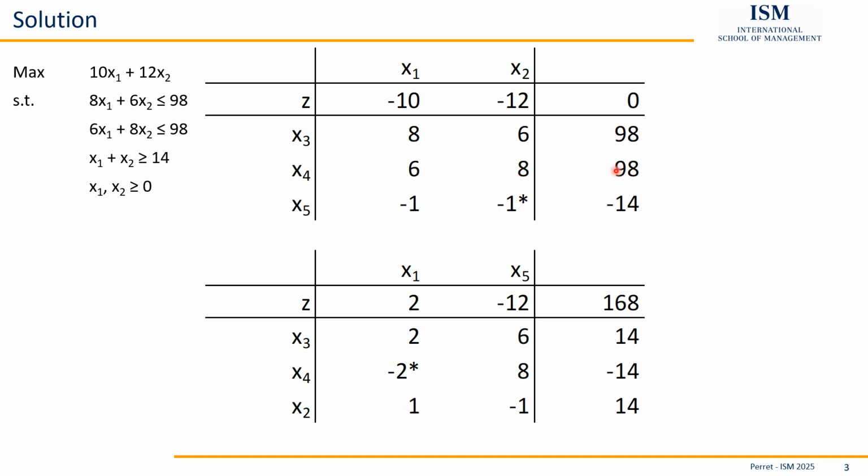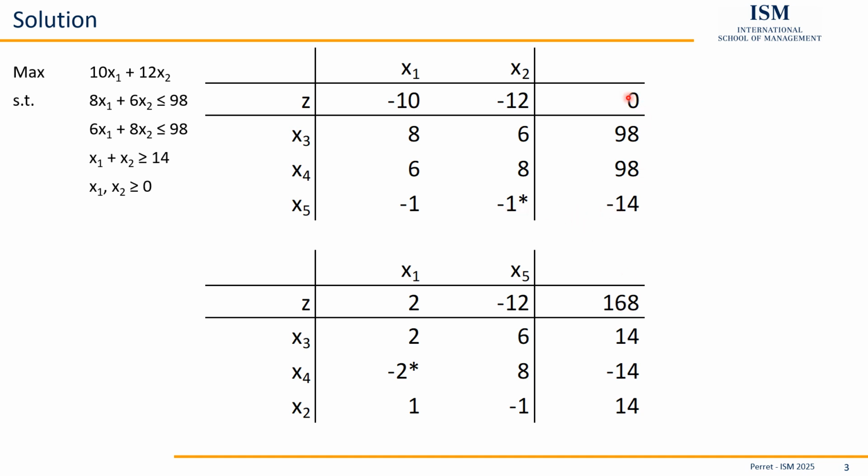And for the recalculation of this value, I take this value minus these two corners multiplied, divided by the pivot element. Well, so this minus this times this divided by this. If I do it, I will get here minus 14. Here, for this value, this would be my rectangle. So 98 minus 6 times minus 14 divided by minus 1.